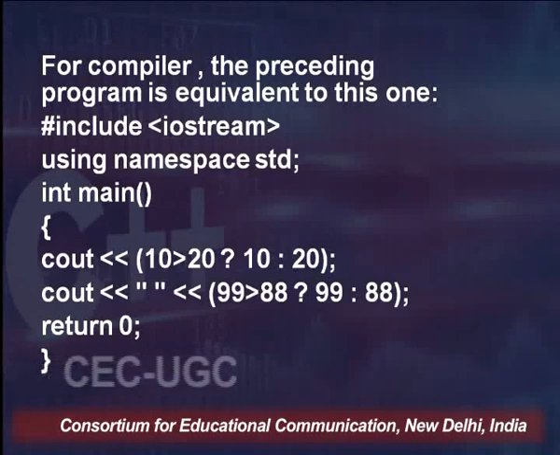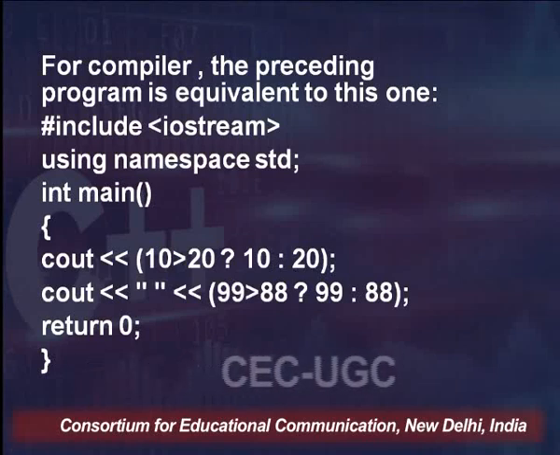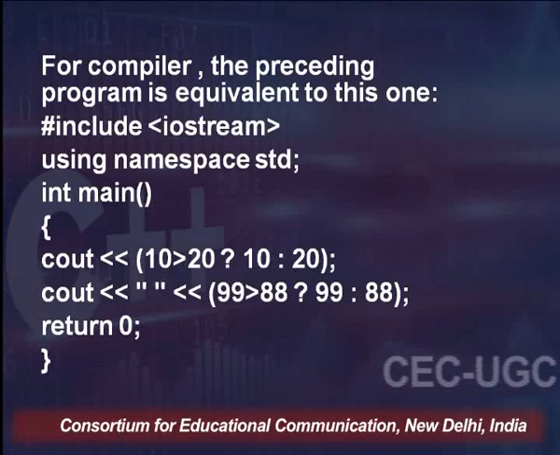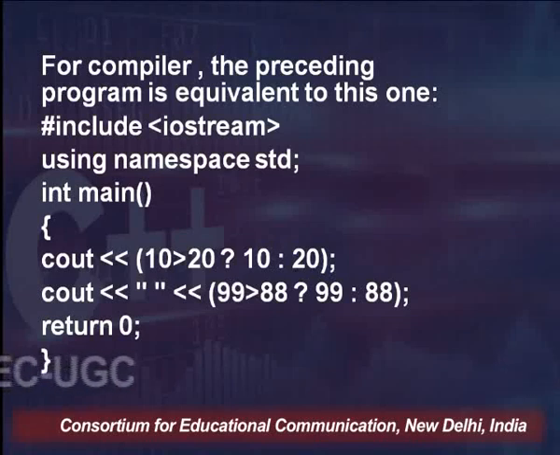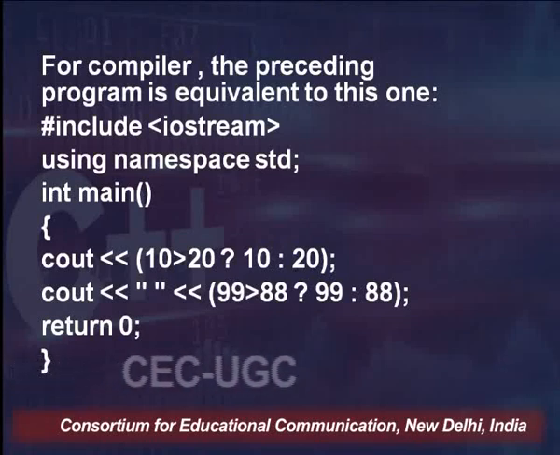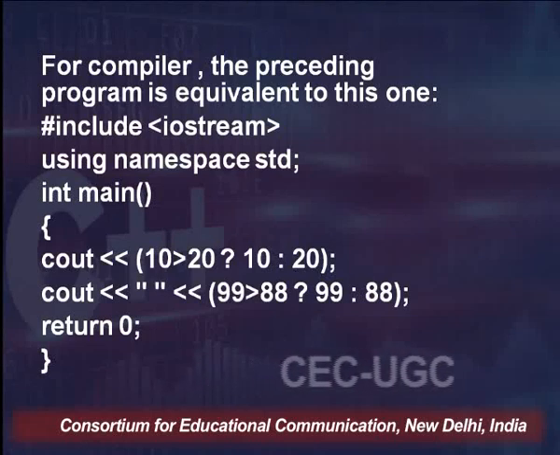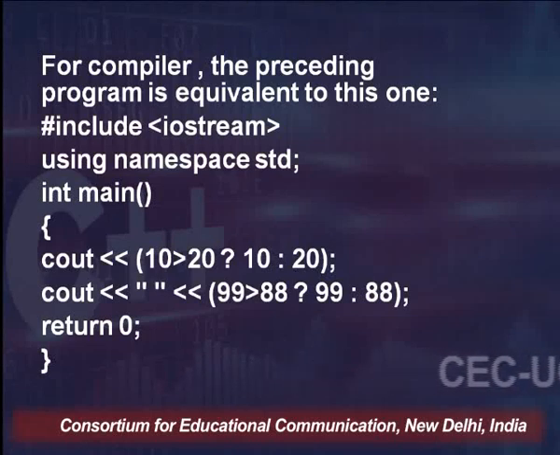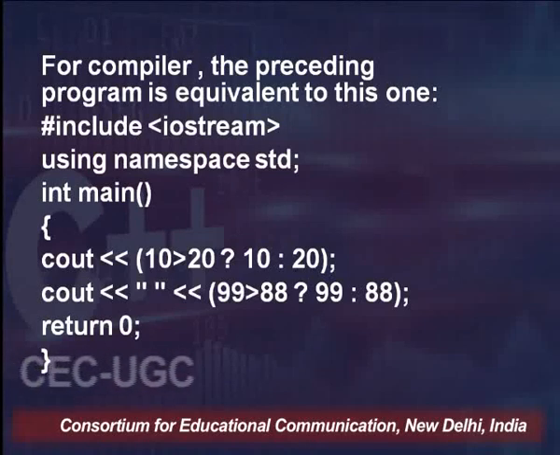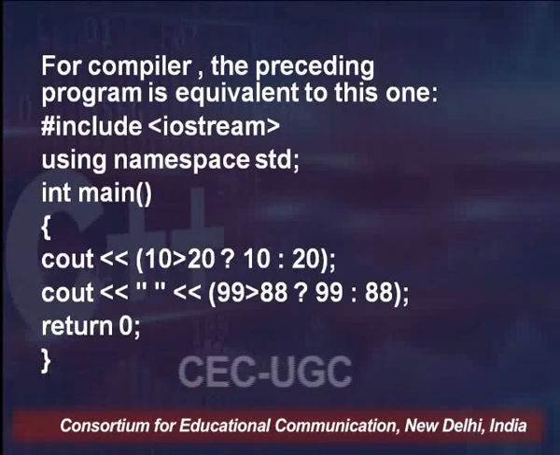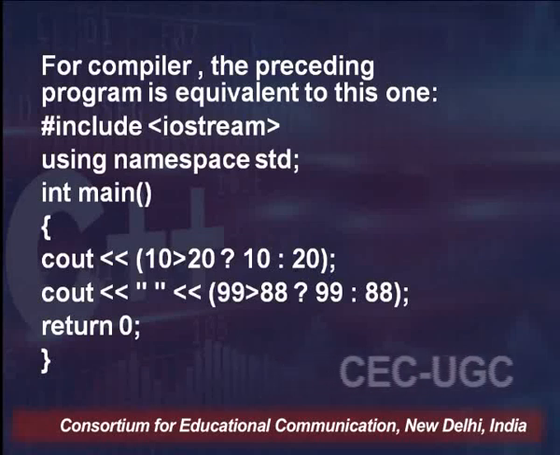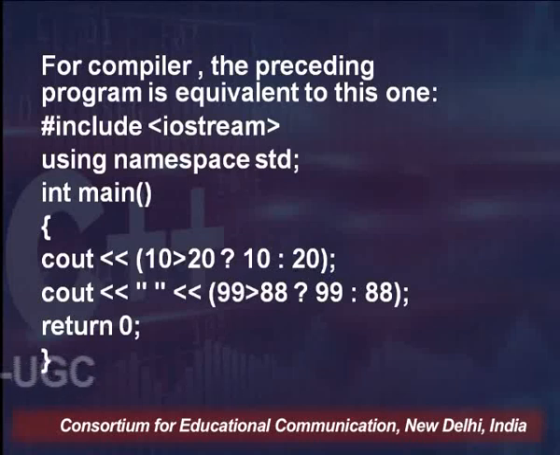Please notice the first cout statement where the call max 10, 20 was placed, and here it is having: if 10 is greater than 20, then 10 will be written, else 20 will be written. That means the whole call is being placed here, and similarly with the other call which is having the parameters 99 and 88.